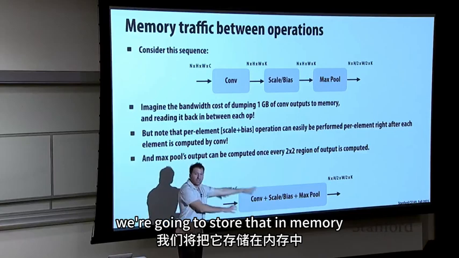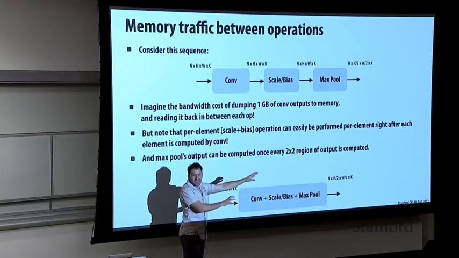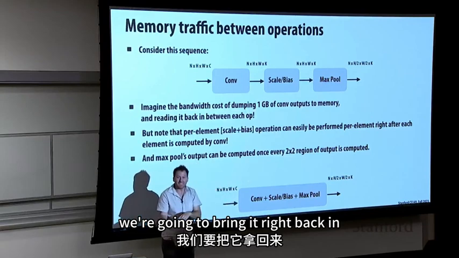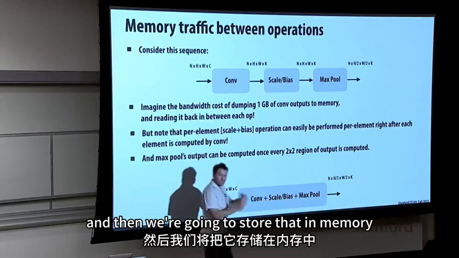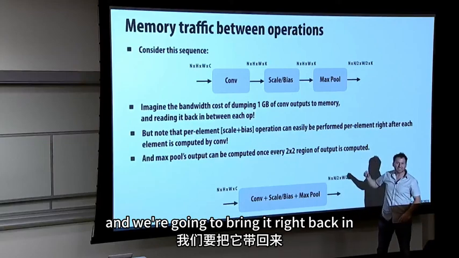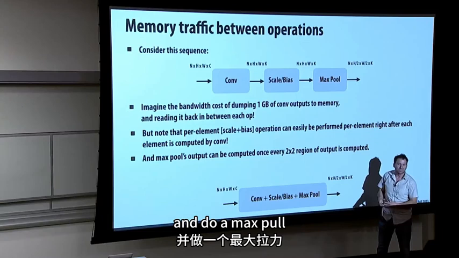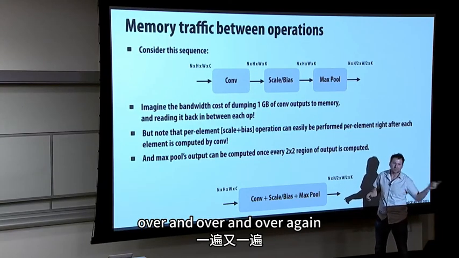We're going to store that in memory, and then we're going to bring it right back in and do something like add in the bias. And then we're going to store that in memory, and we're going to bring it right back in and do a max pool. So this tensor is going in and out of memory over and over and over again.